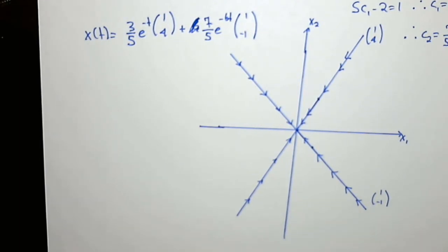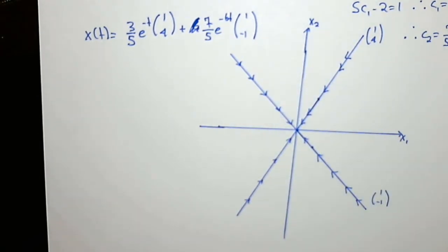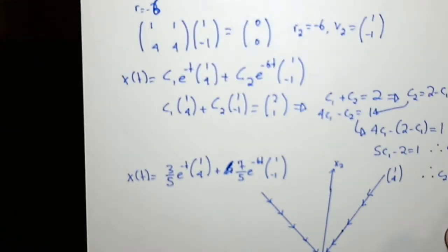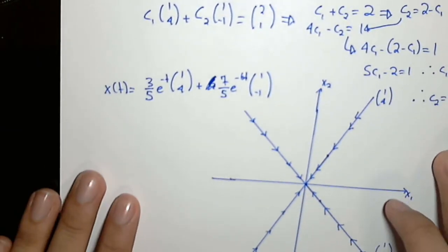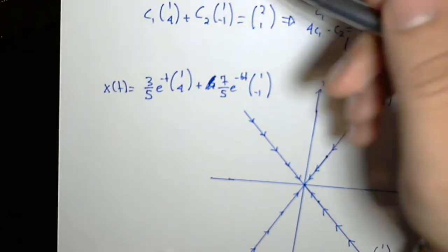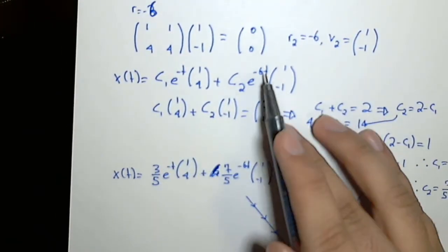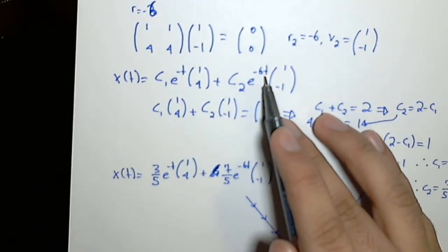Next, we're going to think about what happens when we have both of them. Because when we have C1 and C2, we're somewhere in these regions that aren't directly on the line. So when t is very, very negative, at the very starting, when t is incredibly negative, this is dominated by e to the negative 6t.